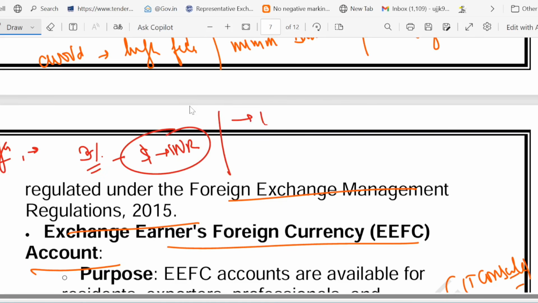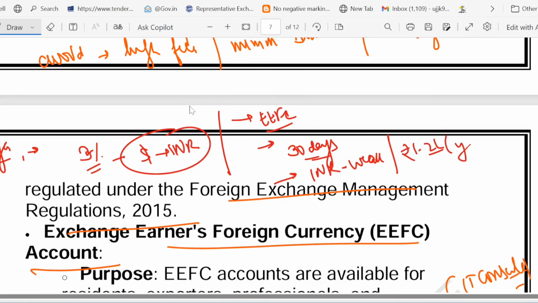After opening the EEFC account, what happened? She can keep dollar earning for 30 days. First point, she can keep dollar earning for 30 days. She can convert only when INR is weak. Only when she sees that INR is weak, she will convert dollar into INR. So she saved 1.2 lakh rupees per year in forex loss. So that is the benefit of having EEFC account.